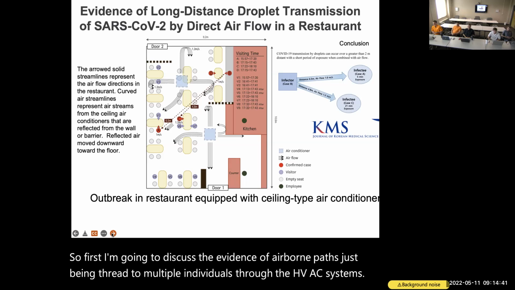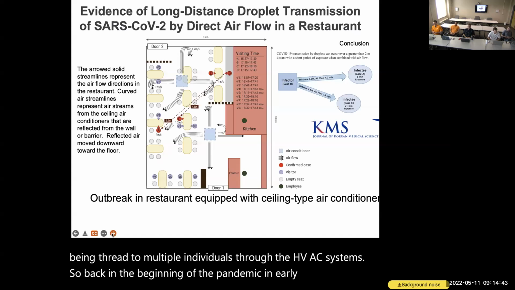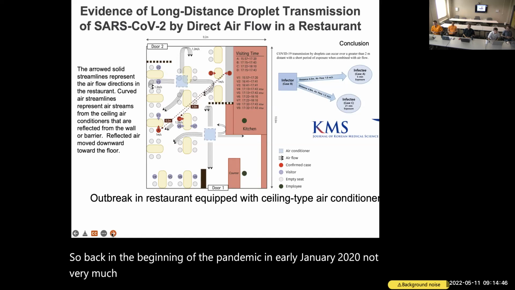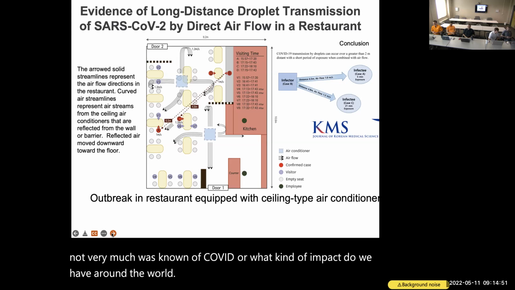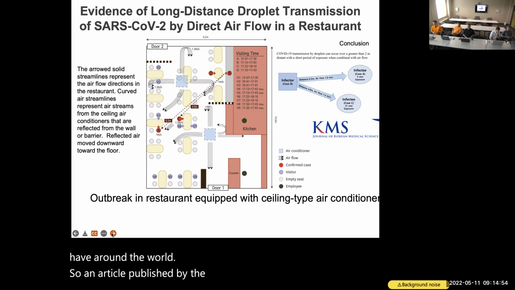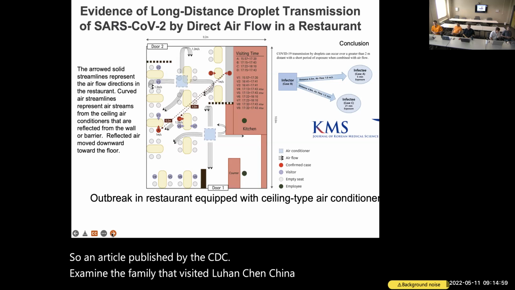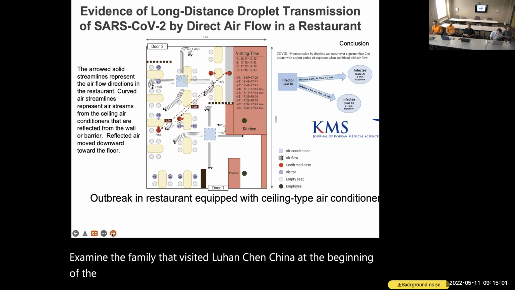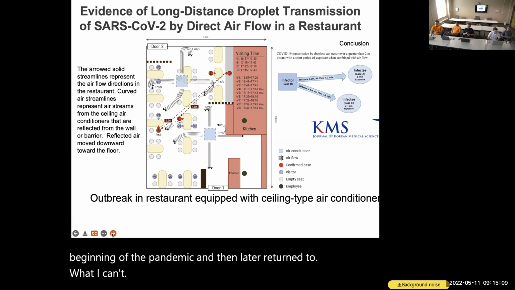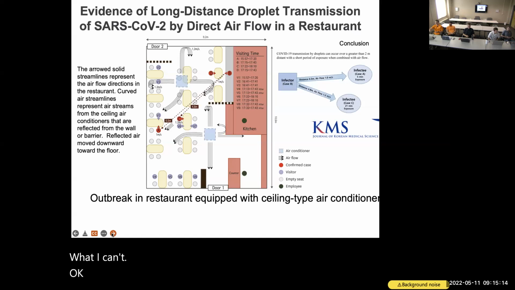Back in the beginning of the pandemic in early January 2020, not very much was known of COVID or what kind of impact it would have around the world. An article published by the CDC examined a family that visited Wuhan, China at the beginning of the pandemic, and then later returned to their home city, Guangzhou.